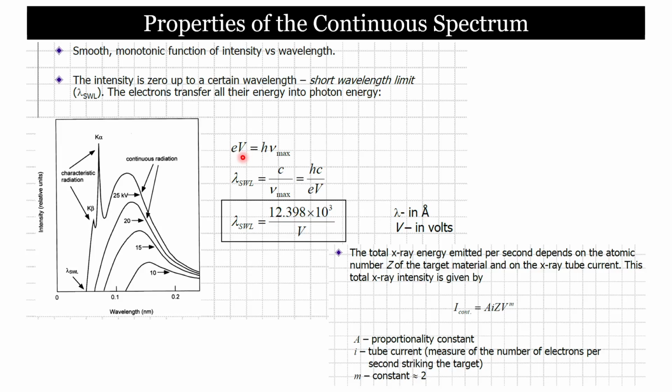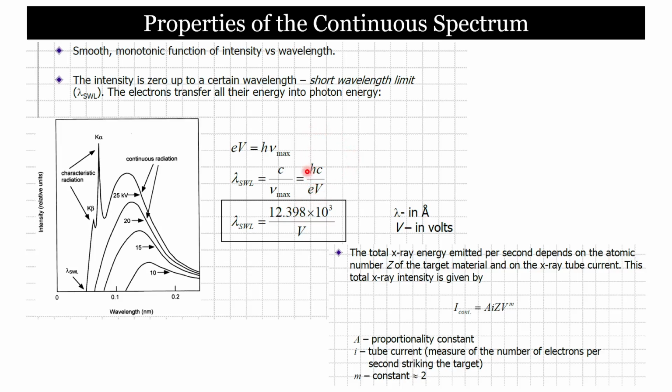So eV will be equal to h nu, and as a result your lambda SWL, the short wavelength limit, will be given by c by nu, and then hc by eV.